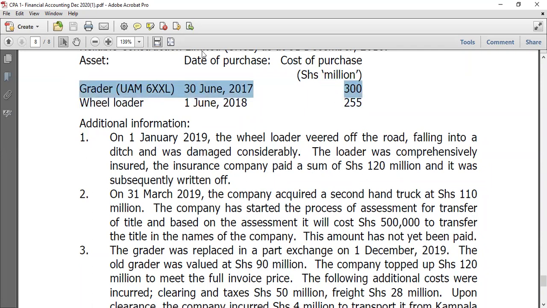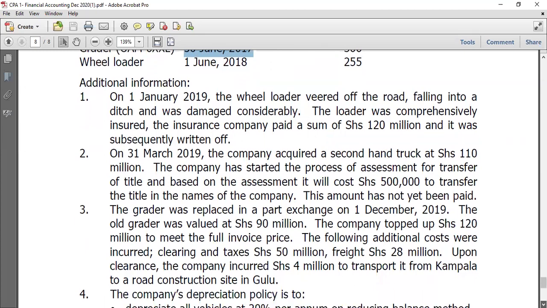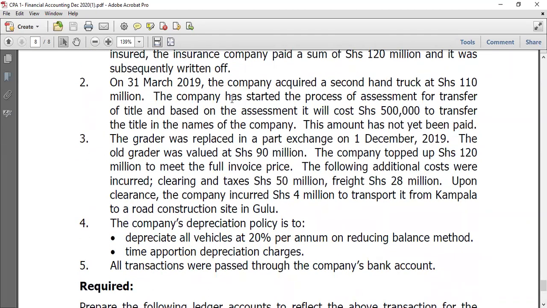Now, before you calculate the depreciation, it's good for you to know that the grader existed for the whole of 2018. As it existed only 6 months for 2017, for 2018 it existed for the whole year. So it means we shall recognize the depreciation for the whole year. But also note that our policy is reducing balance.